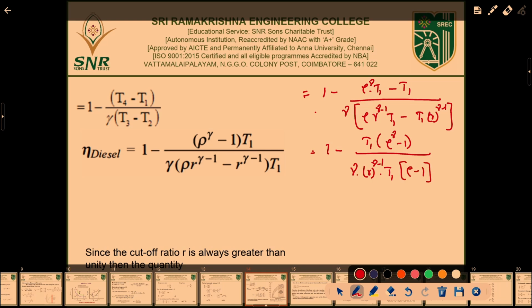This T1 gets cancelled. The remaining is 1 minus 1 divided by gamma into r to the power of gamma minus 1, into rho power gamma minus 1 divided by rho minus 1. So this is the final equation based on the diesel cycle.